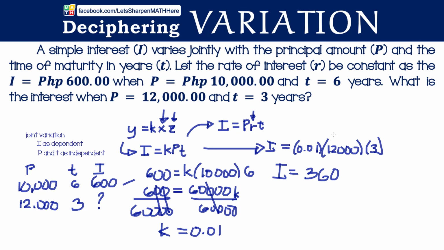This is the interest from this result. In short, in statement form, you could say the interest for 12,000 pesos in 3 years is 360 pesos. So again, the problem on interest is an example of a joint variation, and this ends this problem.